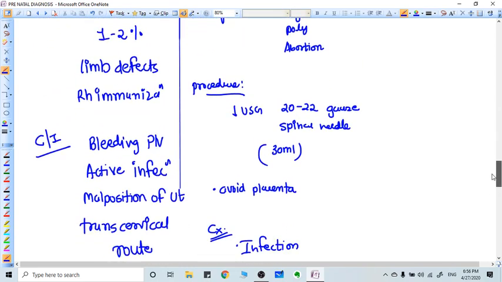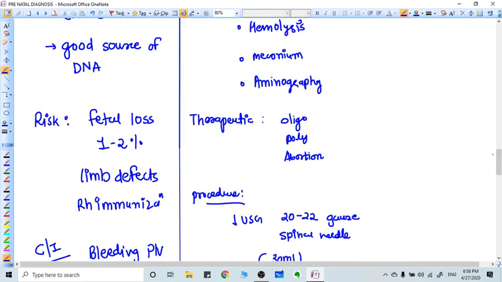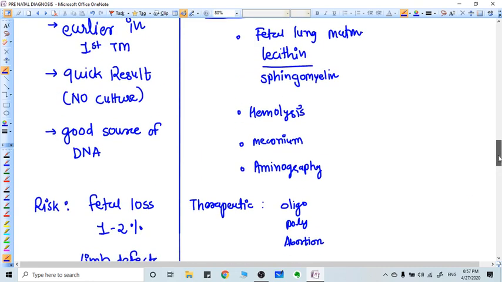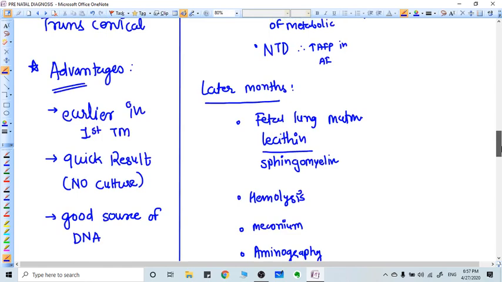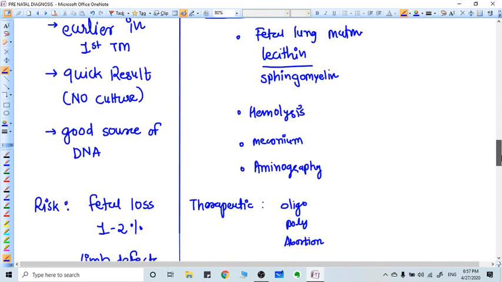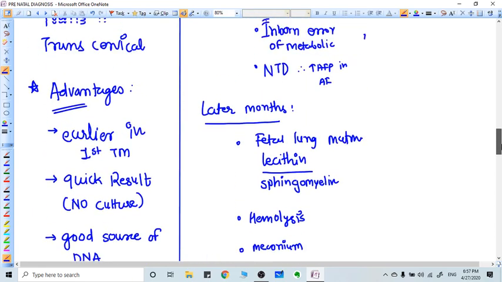So we need to see this: if we want a genetic diagnosis right now and as early as possible, we should go for CVS. But if we are not in that much of a hurry, we can go for amniocentesis, because the test of amniocentesis after cell culture takes again 4 to 6 weeks for culture, and then for testing of the cells we need 1 or 2 more weeks.